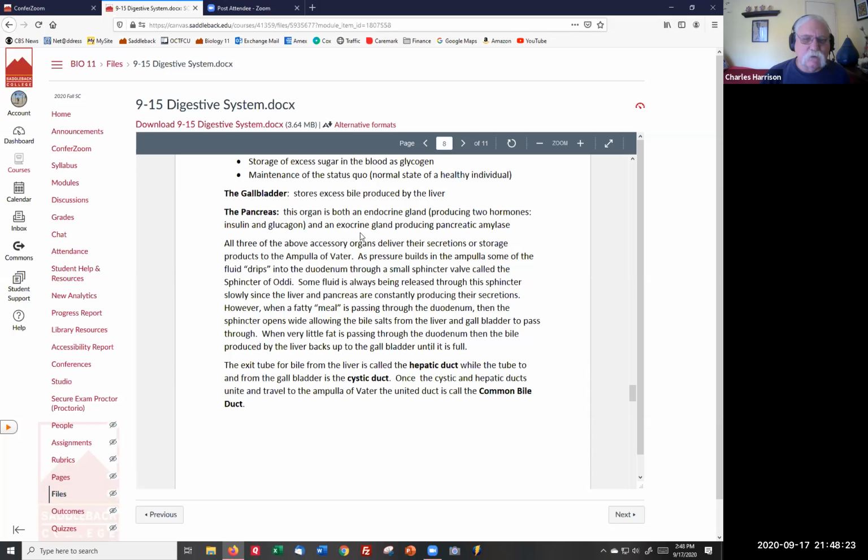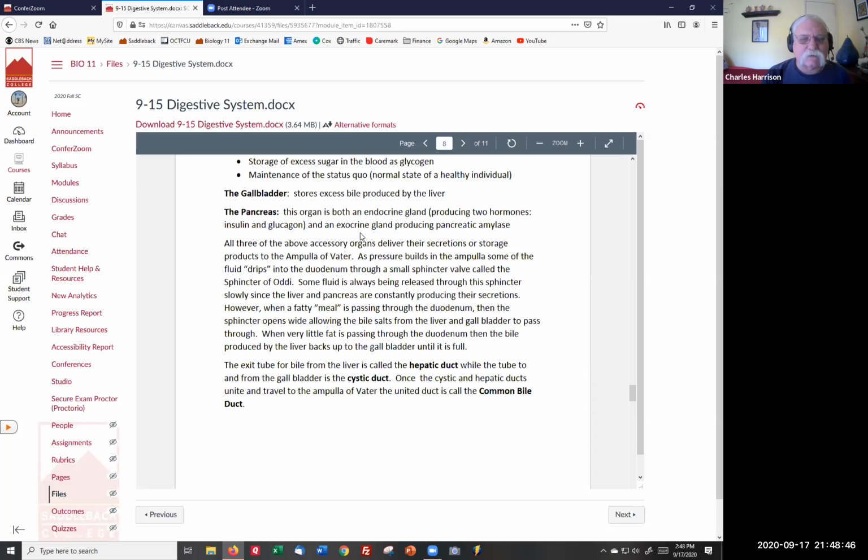Think about it. An endocrine gland picks up hormone as the blood passes through the endocrine gland. Once the hormone is in the blood, it's going to go to absolutely every part of the body.